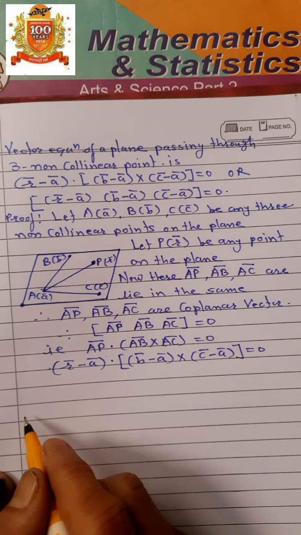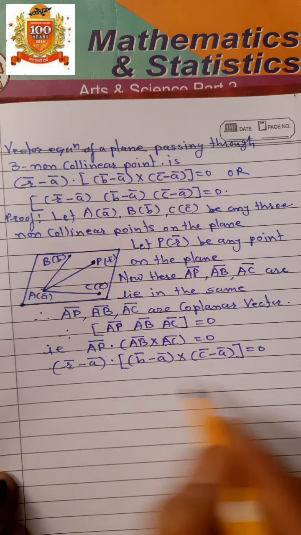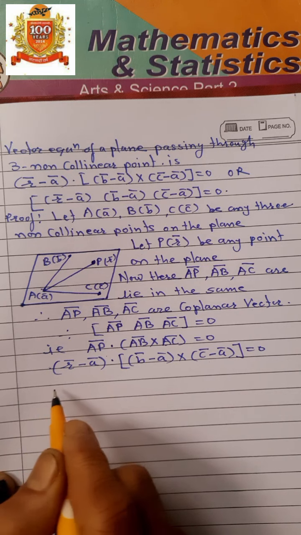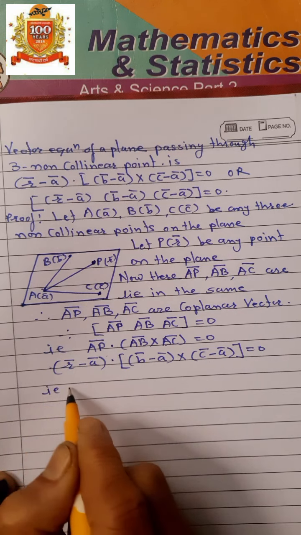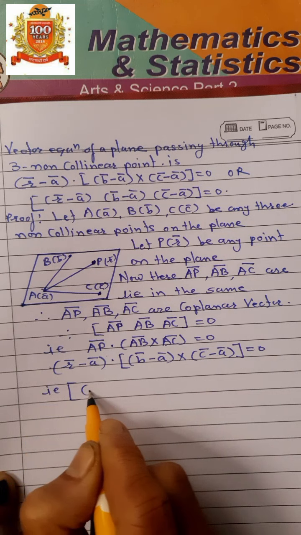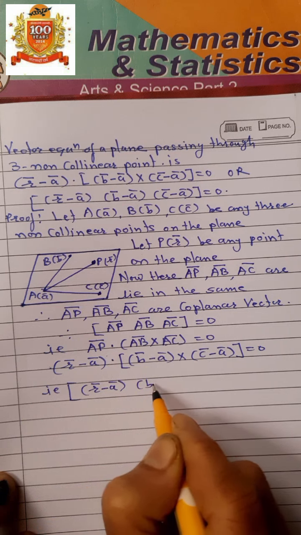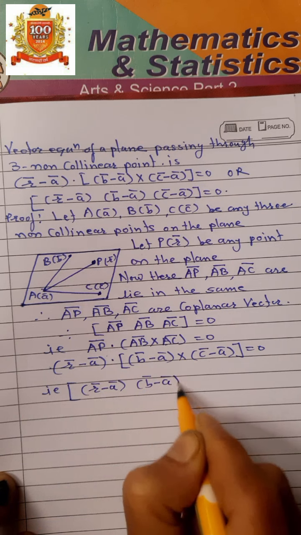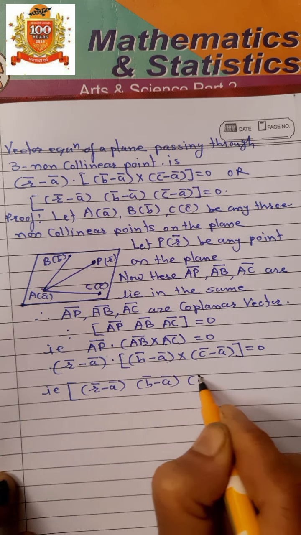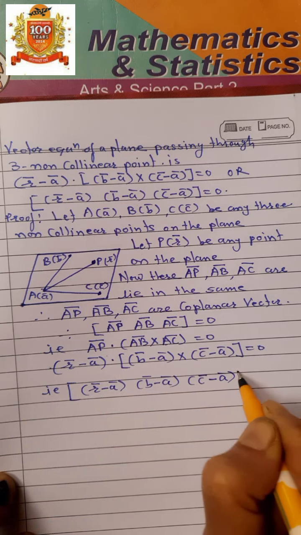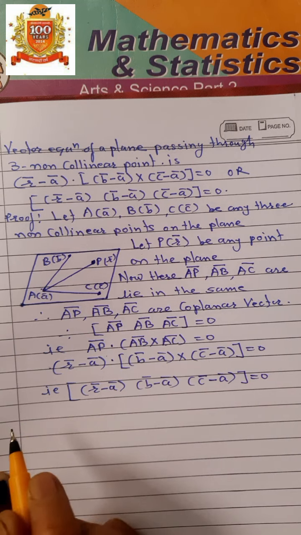Isn't it? This can be written as the box product of R bar minus A bar, B bar minus A bar, C bar minus A bar is equal to 0.